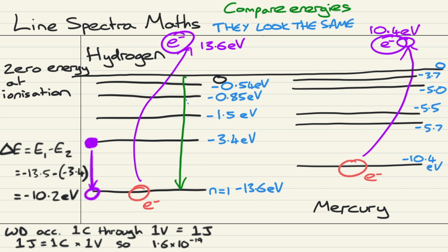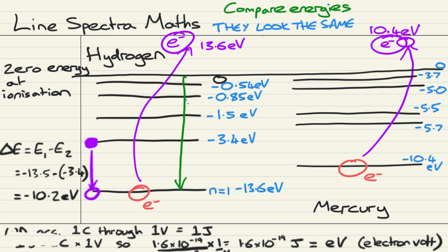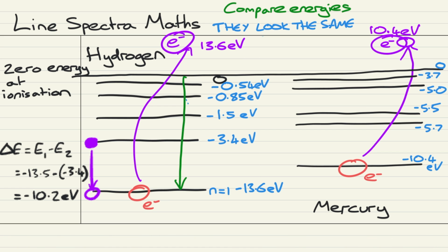If the charge is minus 1.6 times 10 to the minus 19 coulombs, then the work done is 1.6 times 10 to the minus 19 joules. Since 1.6 times 10 to the minus 19 coulombs is more simply written as e, then 1.6 times 10 to the minus 19 joules equals 1 eV. And that's the definition of an electron volt. It's a small unit of energy for a small world.